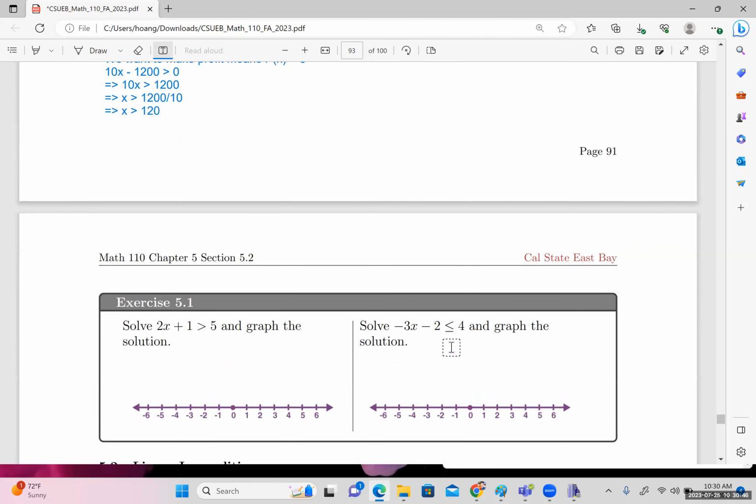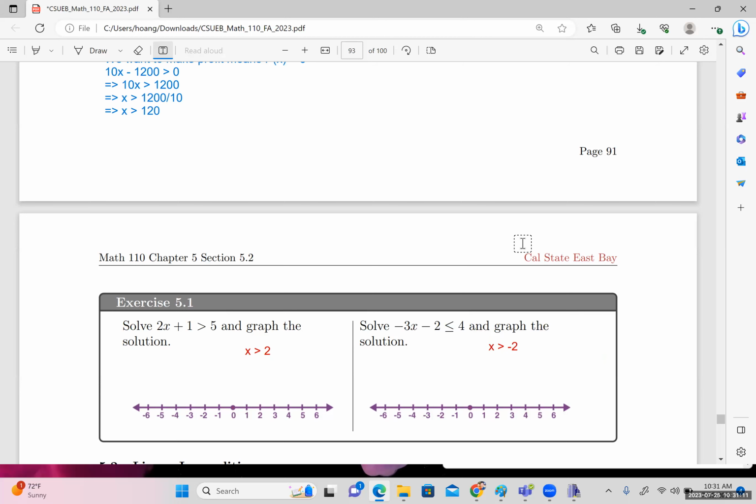All right. So we're going to have exercise 5.1 below. I would like to let you try it and solve for it. The answer key will be x greater than 2, and this one is going to be x greater than or equal to -2, right?